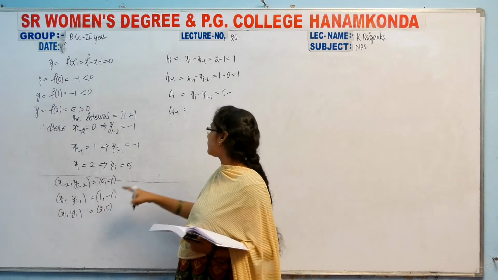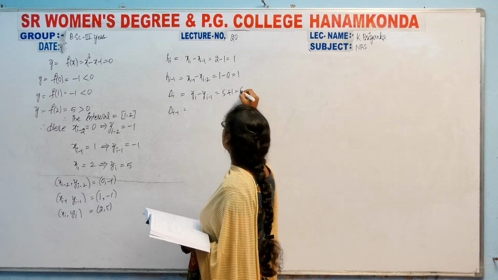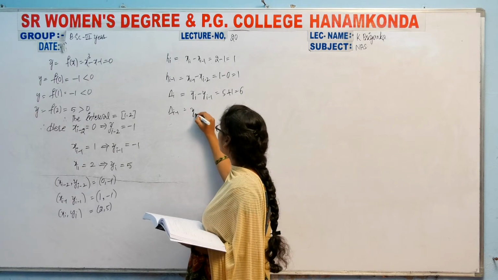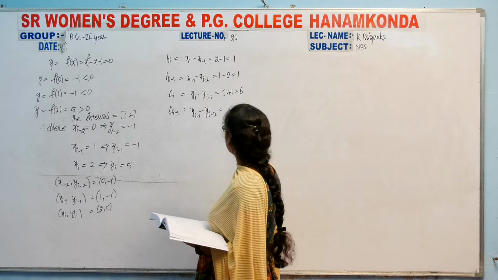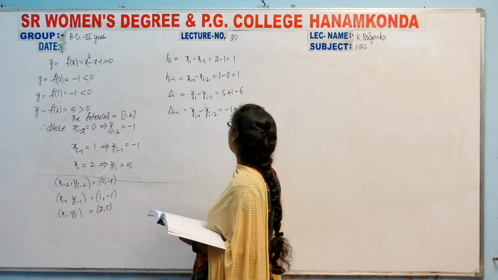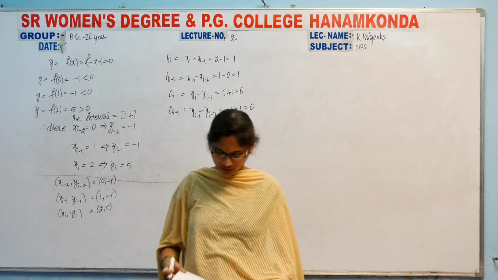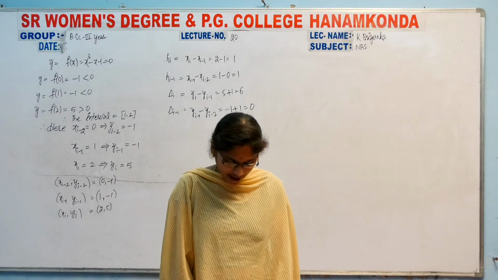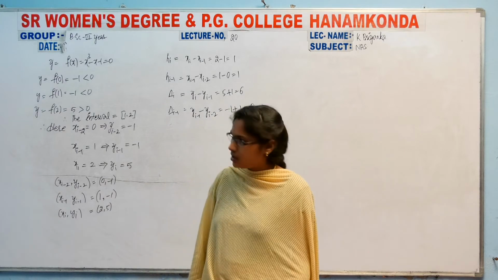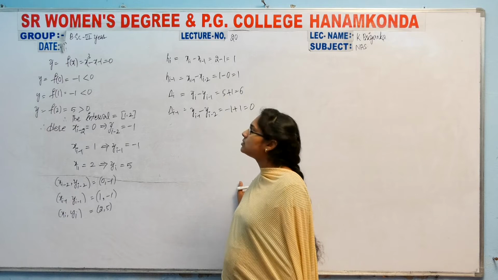Minus yi minus 1 is minus 1, so plus 1, 6. Now delta I minus 1: yi minus 1 minus yi minus 2. Yi minus 1 is minus 1, plus 1 will be 0. Therefore, we have the values.